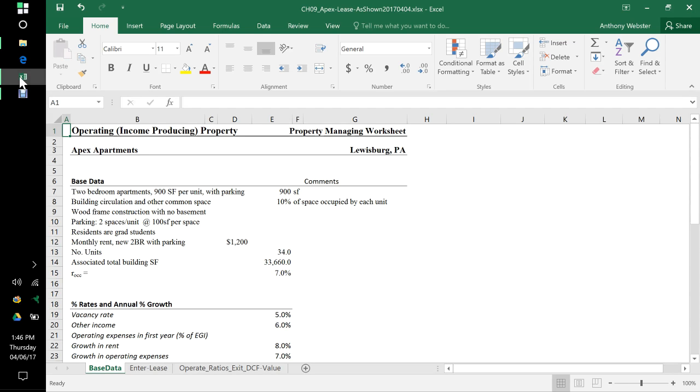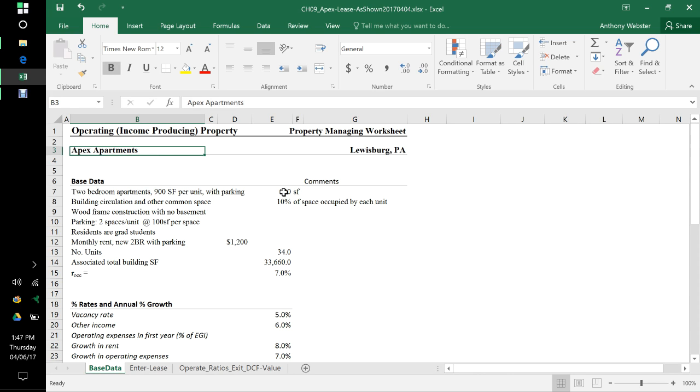Okay, this video is to make sure that we all understand how to work through the financing of a cash flow producing property using a lease instead of a mortgage. I'm going to go through the example that we talked about a bit during class, Apex Apartments.